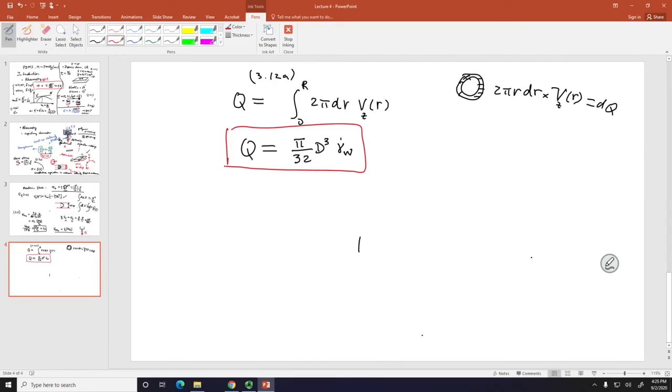So there are two results. One is that, the other one is the relationship between stress and the pressure gradient. So pressure gradient is accessible, and the rate coming out is also accessible. It has the right unit.